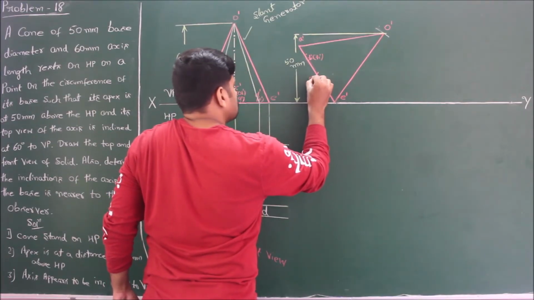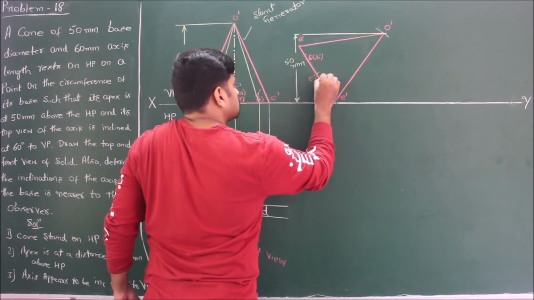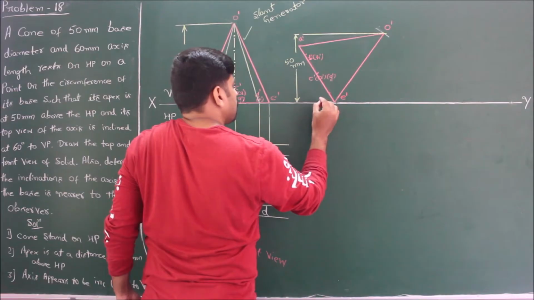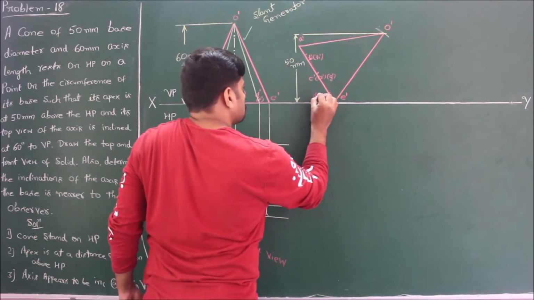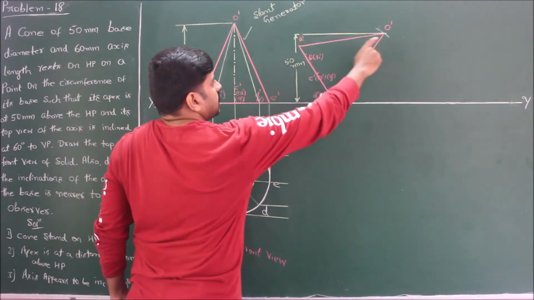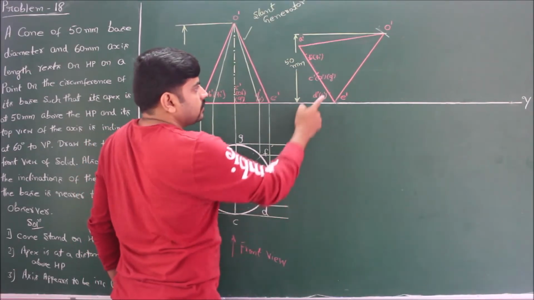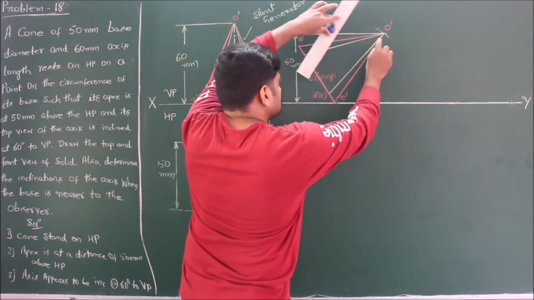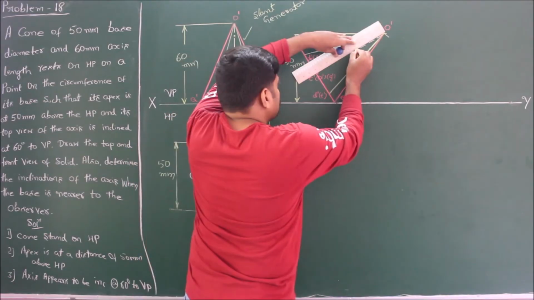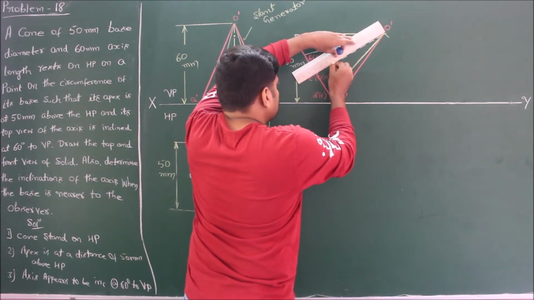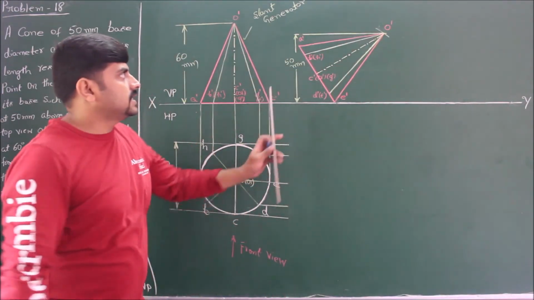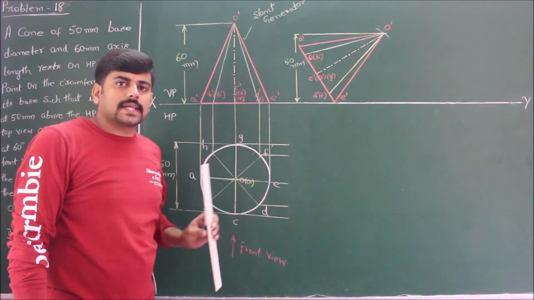At the center we have C prime, axis O1 prime and G prime, and also here we have D prime and F prime. Now join a very thin line to the apex from these points. Also mark the axis. So this is the required front view in the second position.